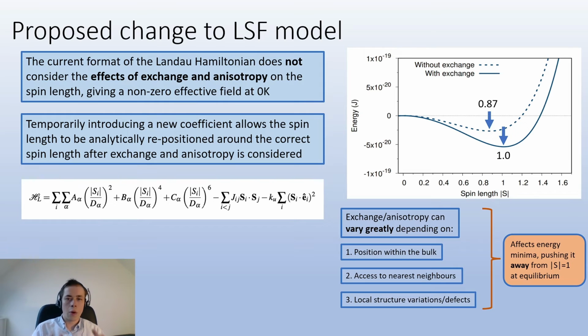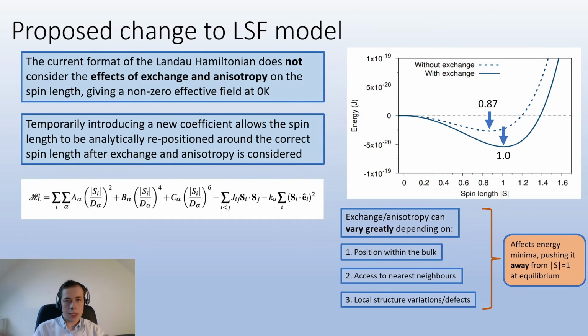Currently there is no elegant solution for this, and if you wish to use these integrators to model systems of your own, then we would suggest that you use the parameters I have provided in the table in the earlier slide, and based on that you can do a set of readjustments if necessary by readjusting your spin length minima to 1, and then once again refit to those new parameters afterwards.